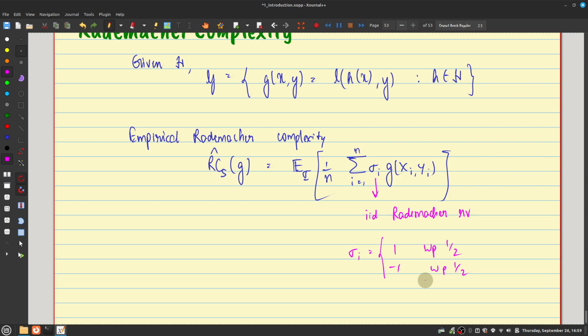Correct. A Rademacher random variable is just a transformation of an IID Bernoulli half random variable. Defining that g of x equals L of h of x comma y, right? Because the loss function takes the prediction that is made by h, and this is the true label.